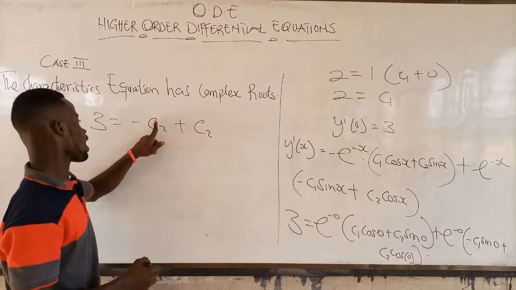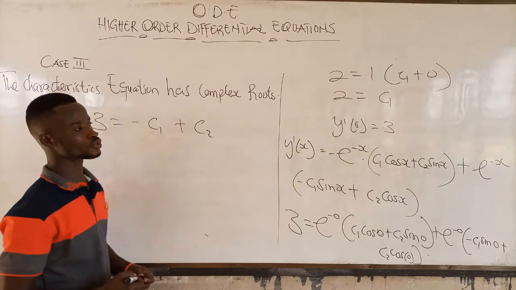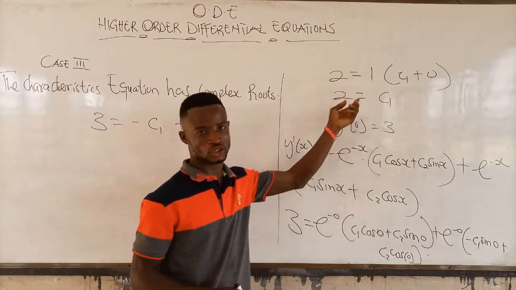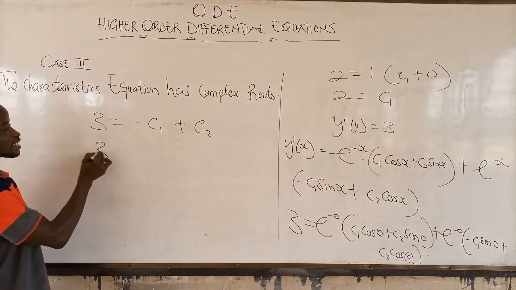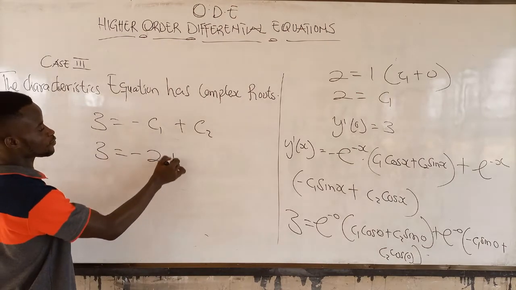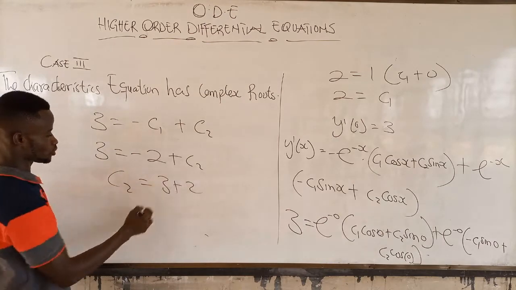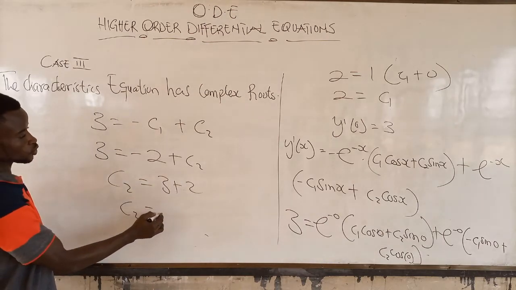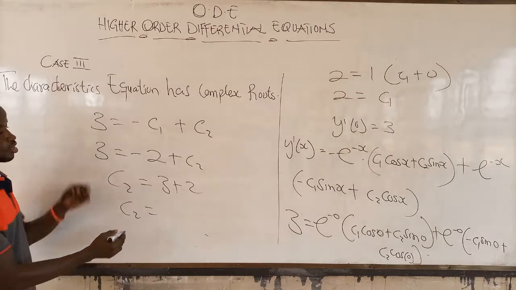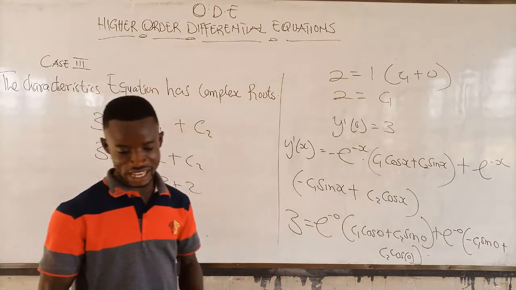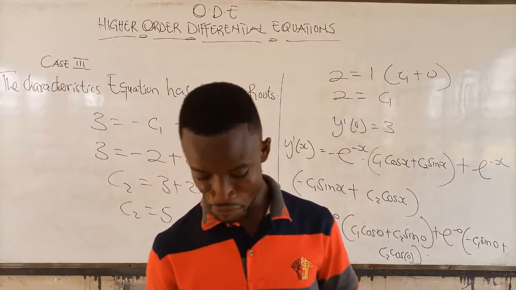Sorry, negative C1 plus C2. But we know C1 is 2. So by substitution, negative 2 plus C2, then C2 equals 3 plus 2. Alright, so C2 will be 5. So we get C2 to be equal to 5.